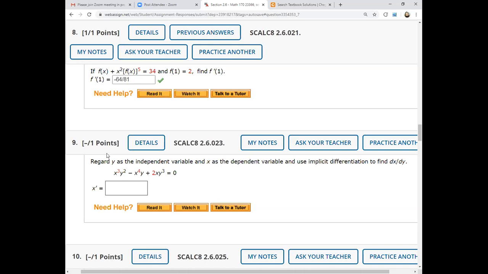Now the next one, the first function is 2x. So the derivative of 2x with respect to y is 2x times y cubed.